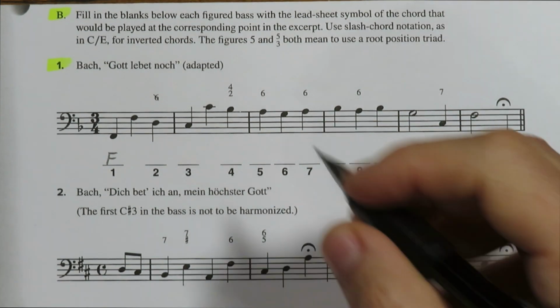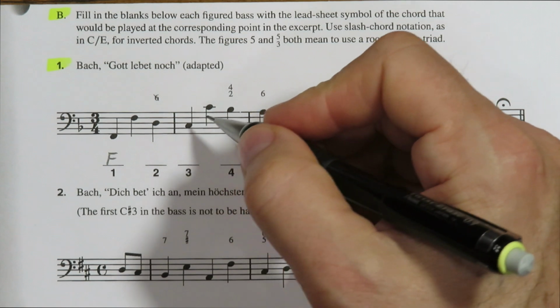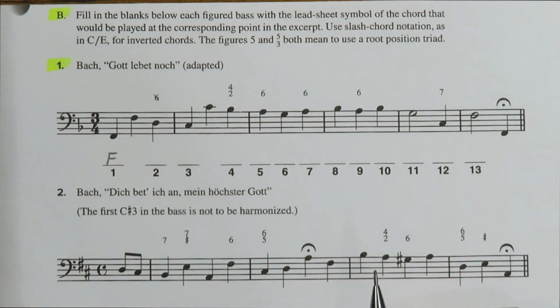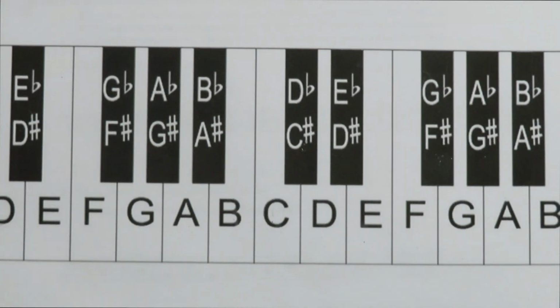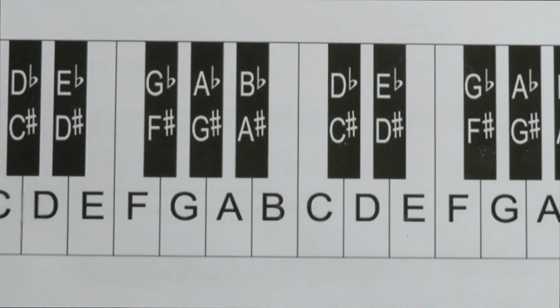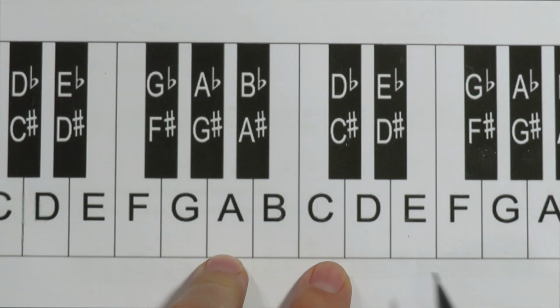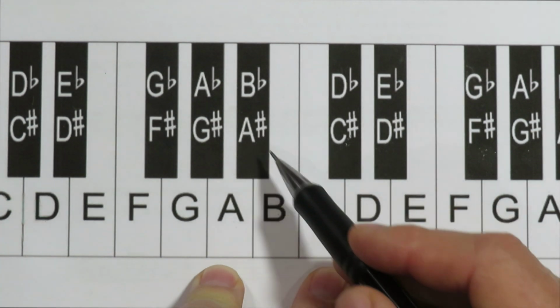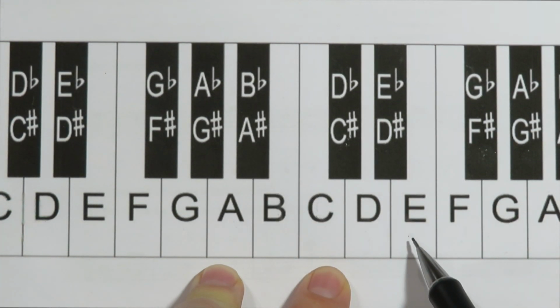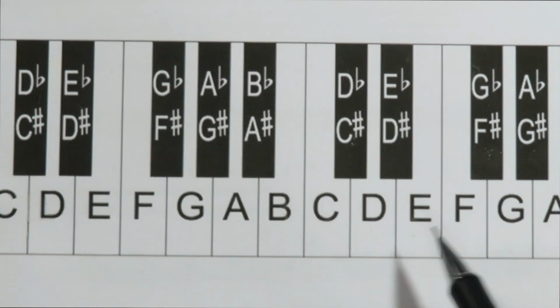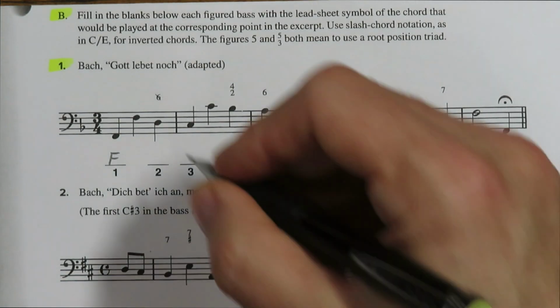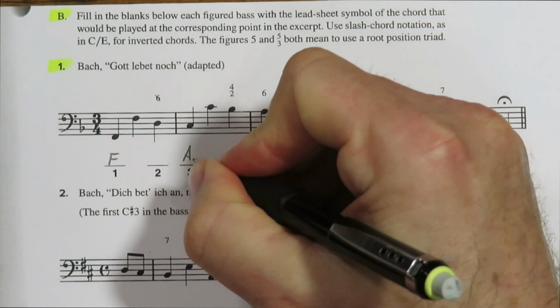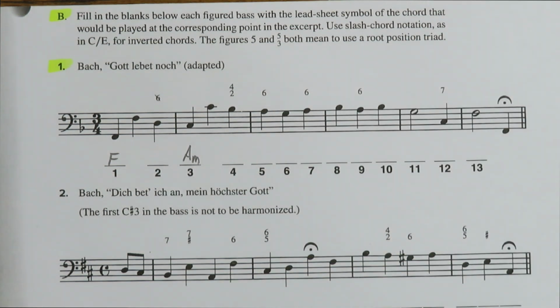So in the key of F, the A chord is going to be A, C, E. It's going to be minor because there's only 1 flat in the key signature. So we would put A minor.